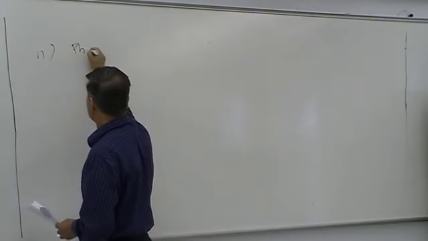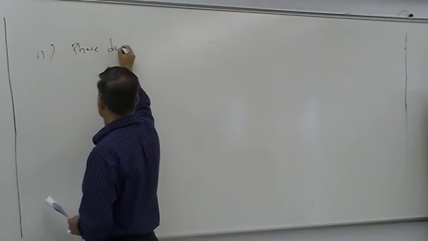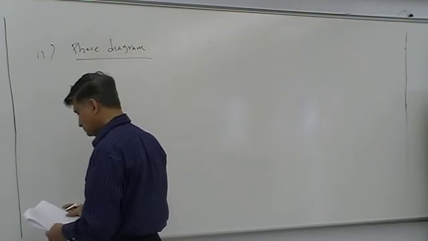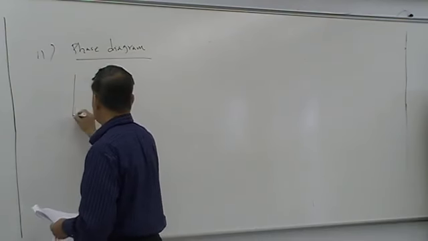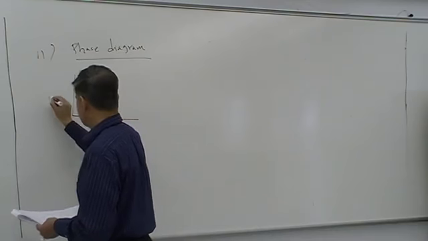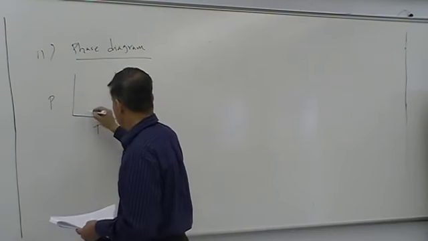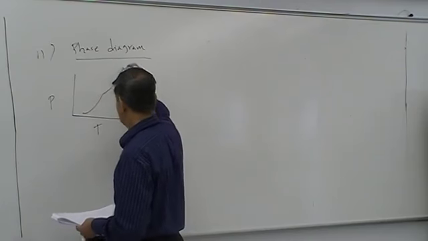So this is on phase diagram. A typical phase diagram looks like this: pressure along the y-axis, temperature along the x-axis. Then it's going to look like this.